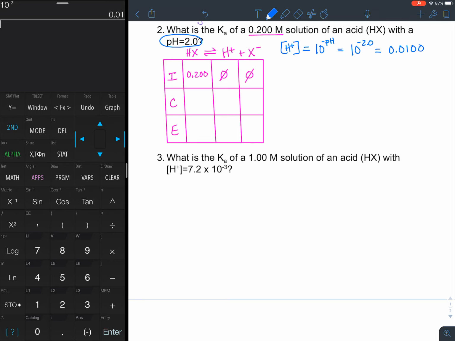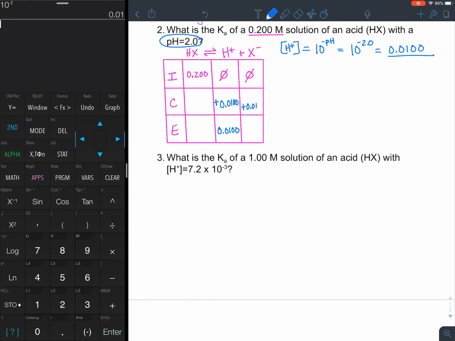What we know is that that value goes here. That's where this came from. If that's where that came from, then this had to be added to by 0.0100. Since there's a one-to-one relationship between the hydrogen ion and the anion, the X, this also has to be plus 0.01.